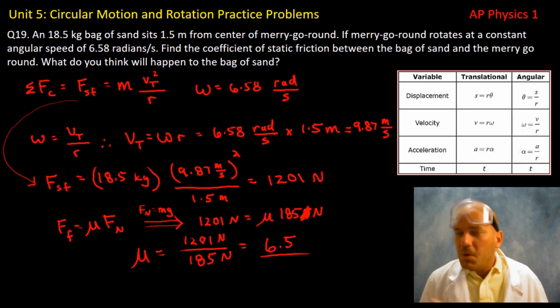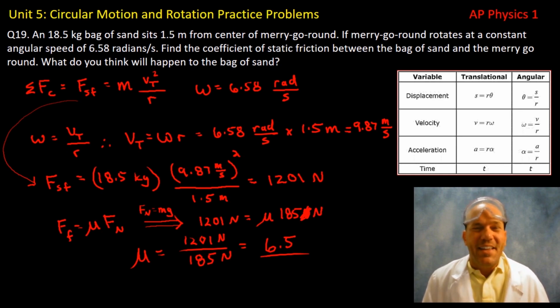So more than likely, this bag of sand is not going to stay on the merry-go-round. In fact, this bag of sand is going to fly off at a tangent, and it will not remain in circular motion. Given this angular velocity, the mass, this isn't going to happen.